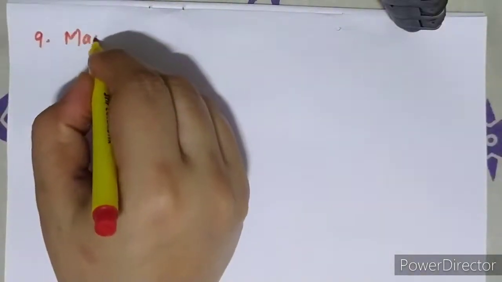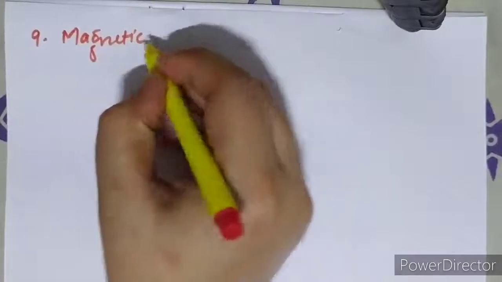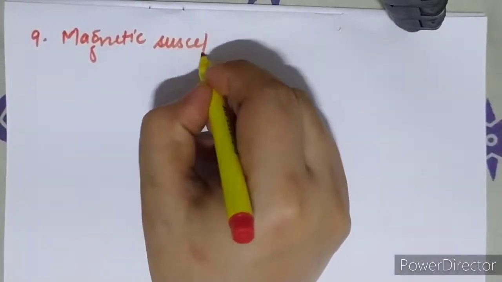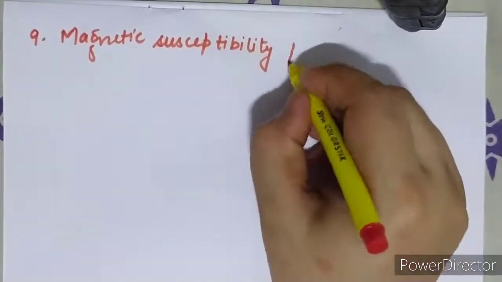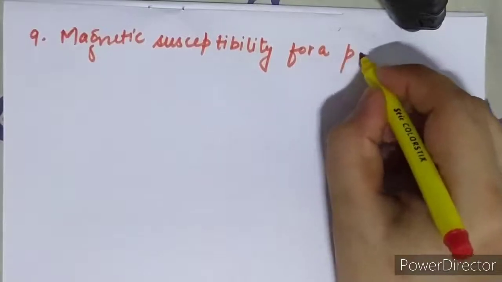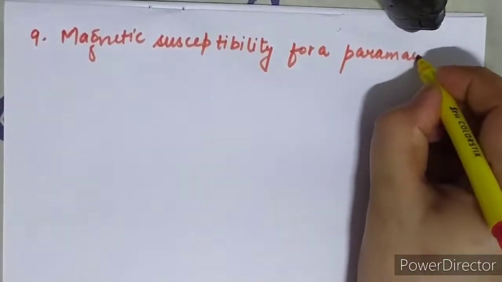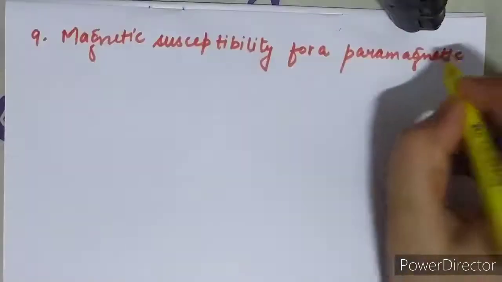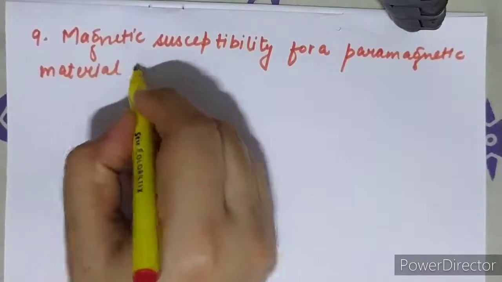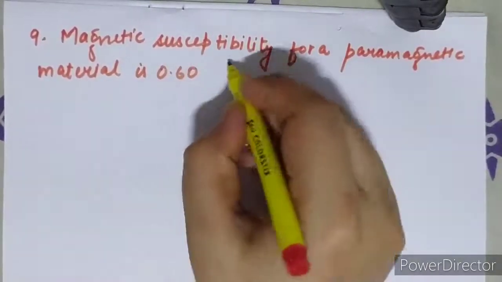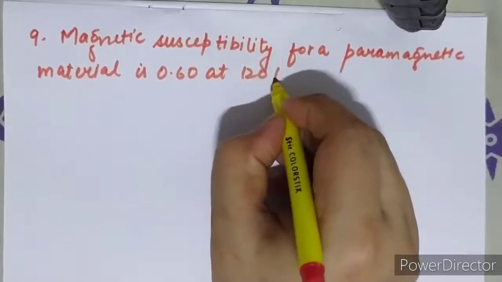Moving toward the next question, which is question number 9. The magnetic susceptibility for a paramagnetic material is 0.60 at 120 Kelvin.